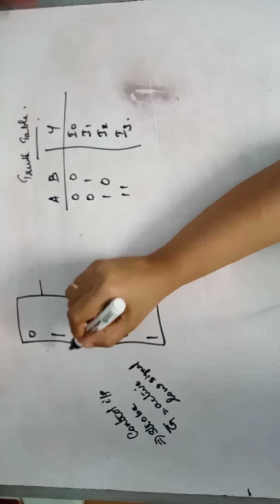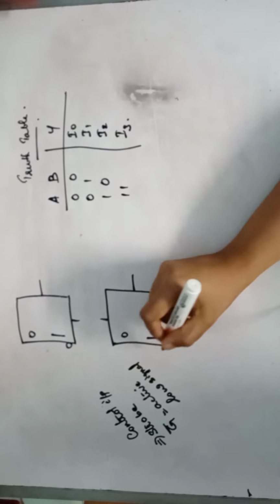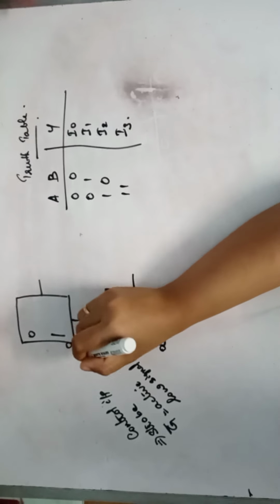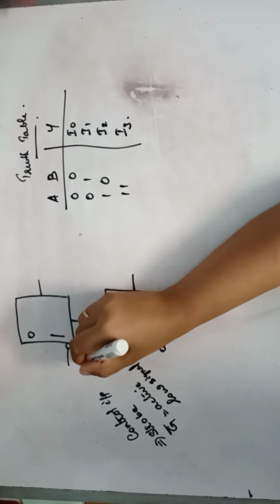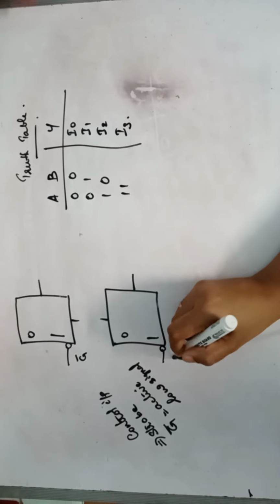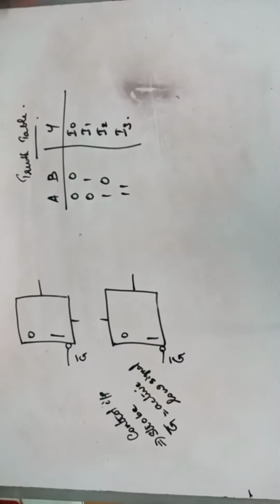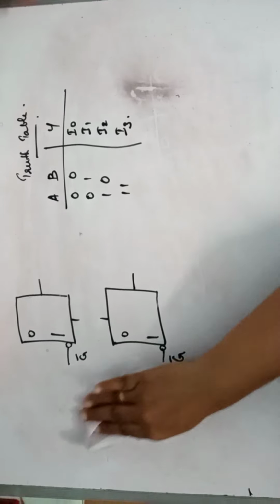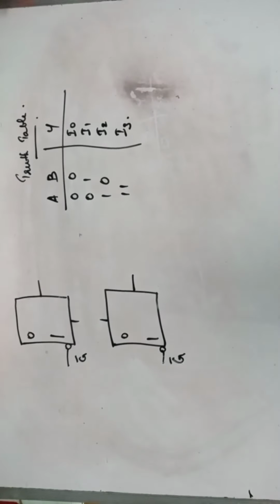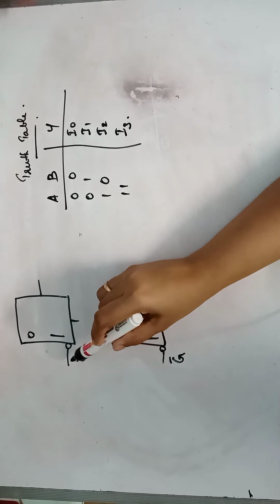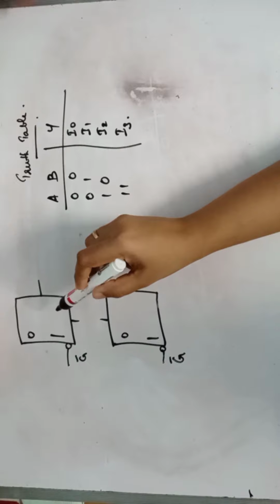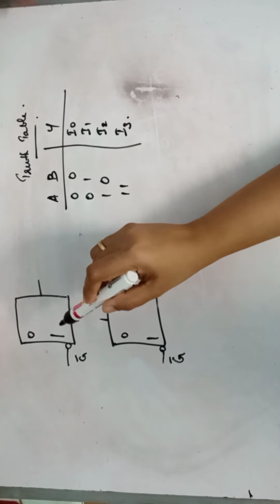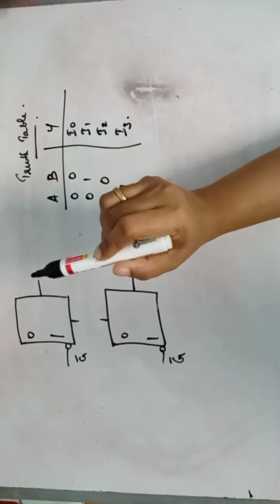So it is notated with a bubble and the name is G bar. Right? So the meaning of this strobe signal is, if you give a 0 to this G bar, this particular IC becomes active. That is, this will act as a normal multiplexer IC.